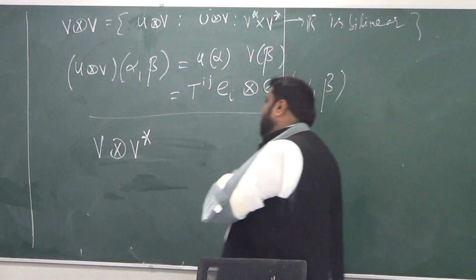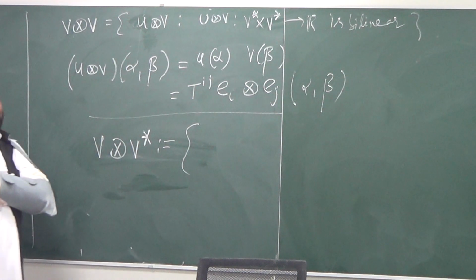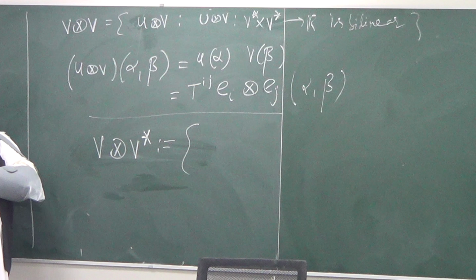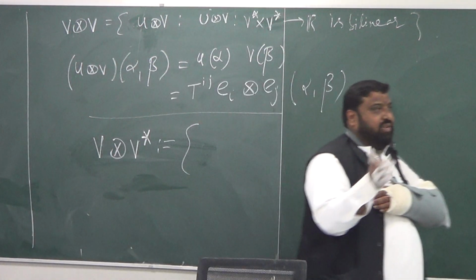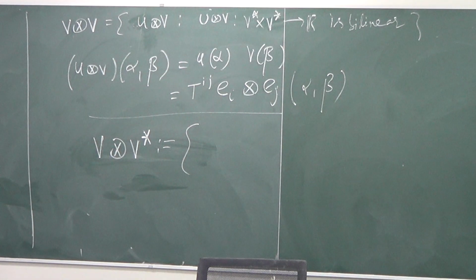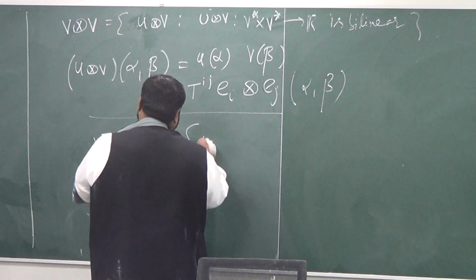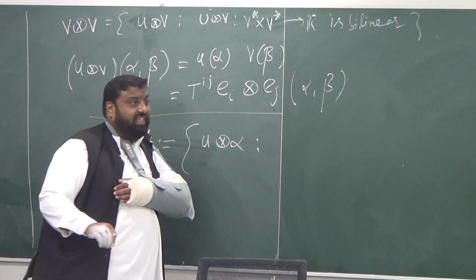So this would be the collection of V tensor product with alpha. This is interesting: two different species are talking to each other. One is a vector, another is a covector, but still you are making them talk. So it's like U tensor product alpha.